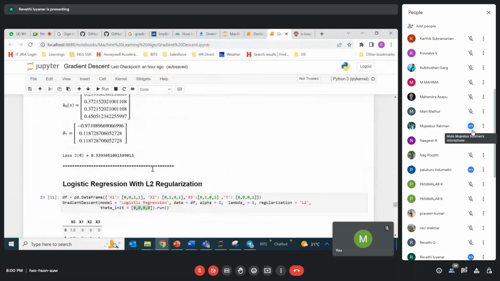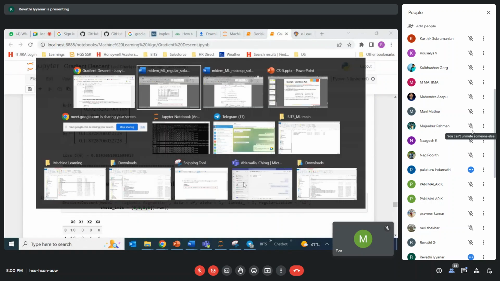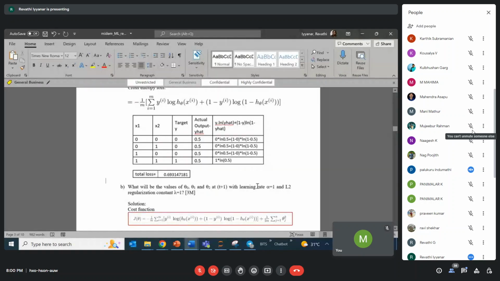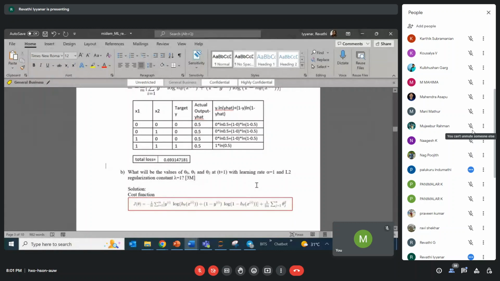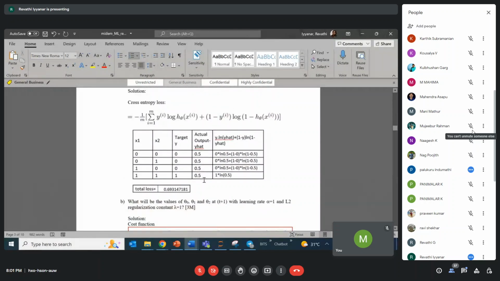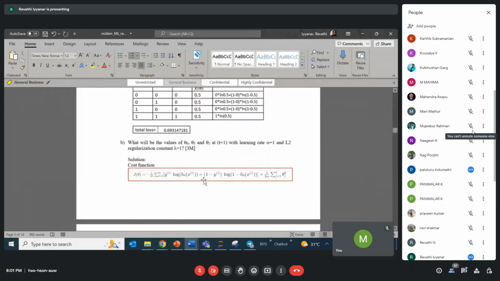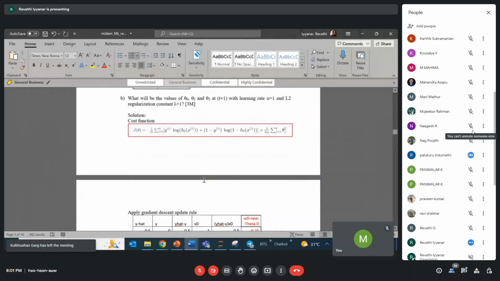What does T and T plus 1 mean in the question? Like at T and T plus 1. What is the iteration actually? It's just the number of iteration. Basically, first iteration.